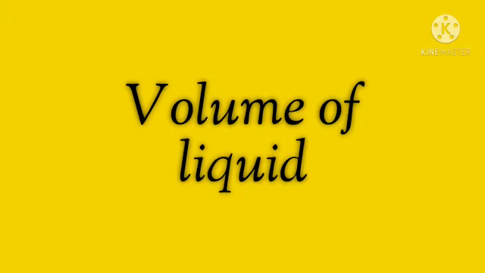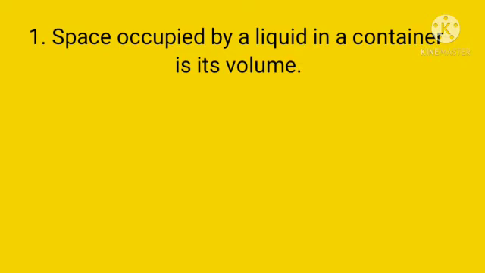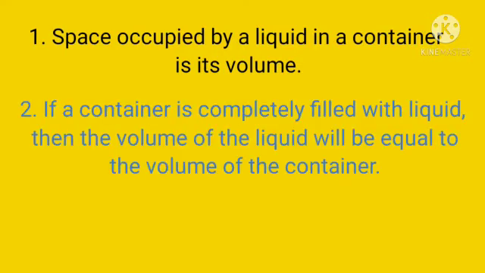Volume of liquid. Space occupied by a liquid in a container is its volume. If a container is completely filled with liquid, then the volume of the liquid will be equal to the volume of the container.